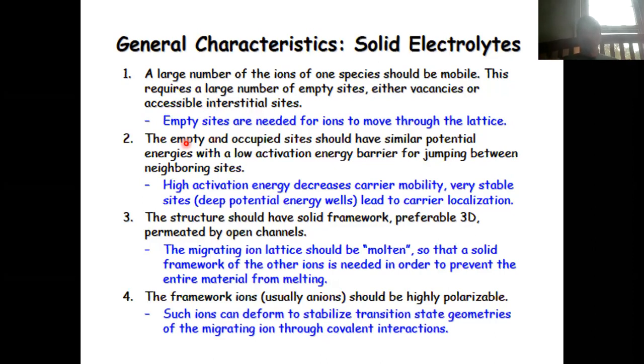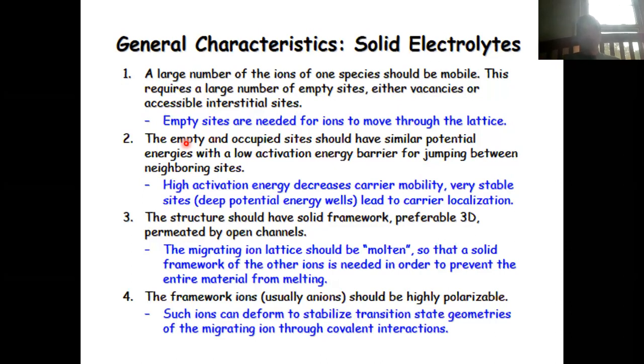So if we have two sites that are accessible by the ion, but there's a huge activation barrier in between them, even though we have a vacancy present, our ion cannot easily go into that vacancy because of the huge activation barrier that needs to be overcome.